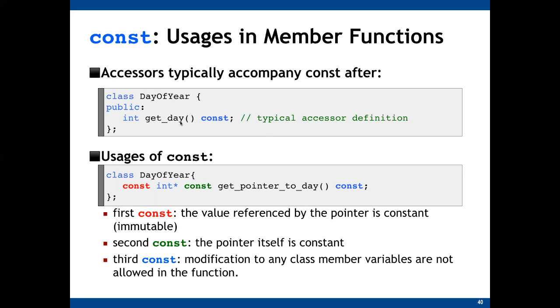So typically we make accessor functions, which we learned in previous slides, const member functions because the purpose of an accessor function is to read the data and not modify it. So by doing this, we can avoid accidental changes to data from accessor functions.